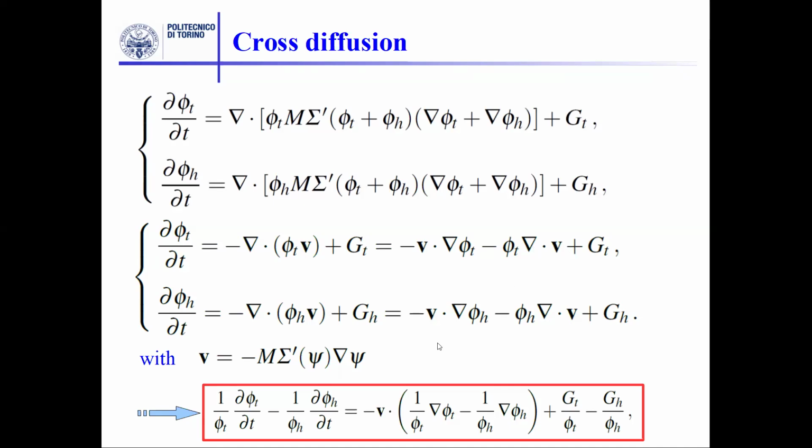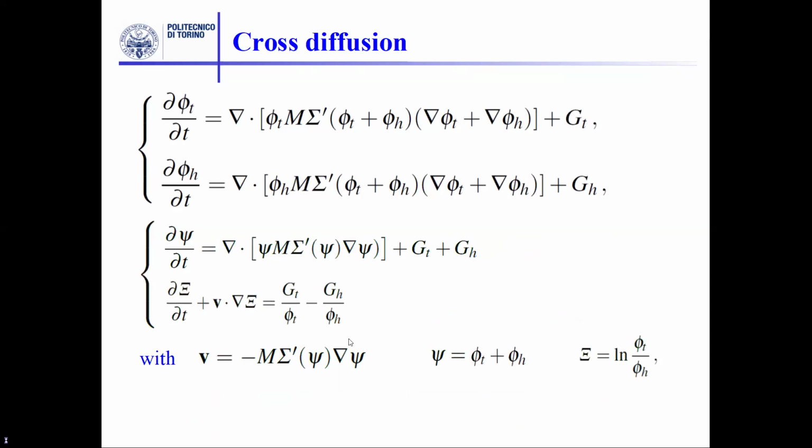And then I will divide by Pt. If I divide by Pt, then here I have the same divergence of V. So if I subtract them, these terms drop. And so what you have is an equation for this quantity, the one in the red box. So you have 1 over Pt, the time derivative of Pt, equal to minus V, the scalar of the same thing. Okay, more or less the same thing.